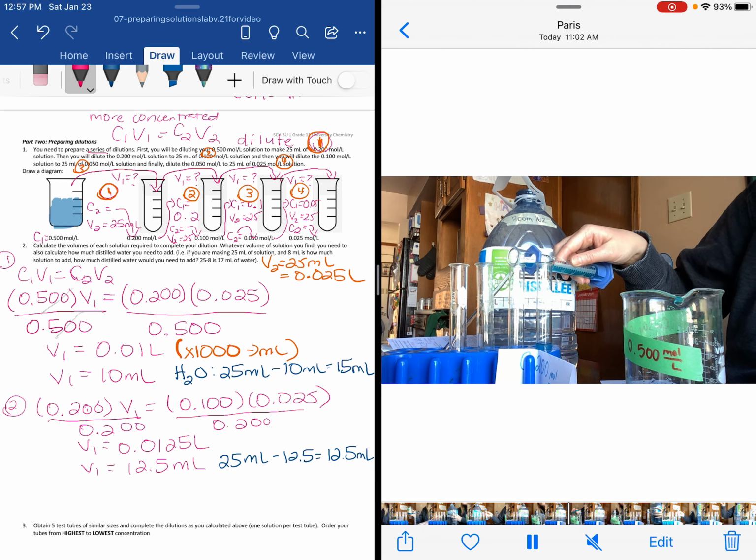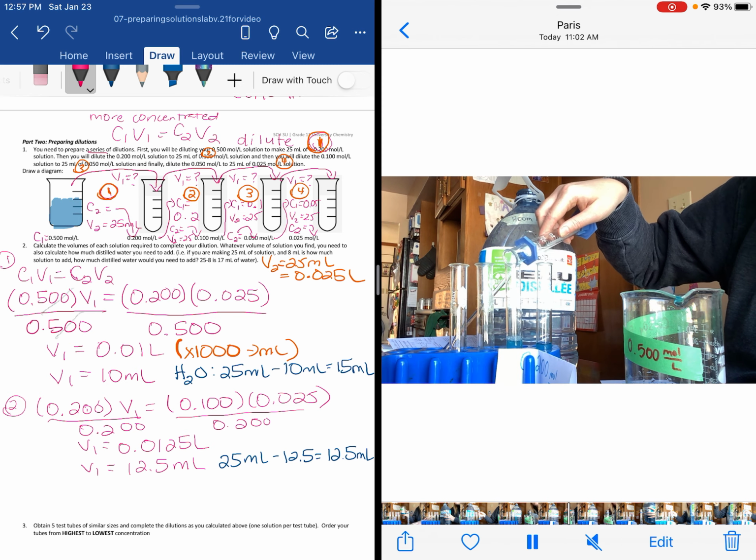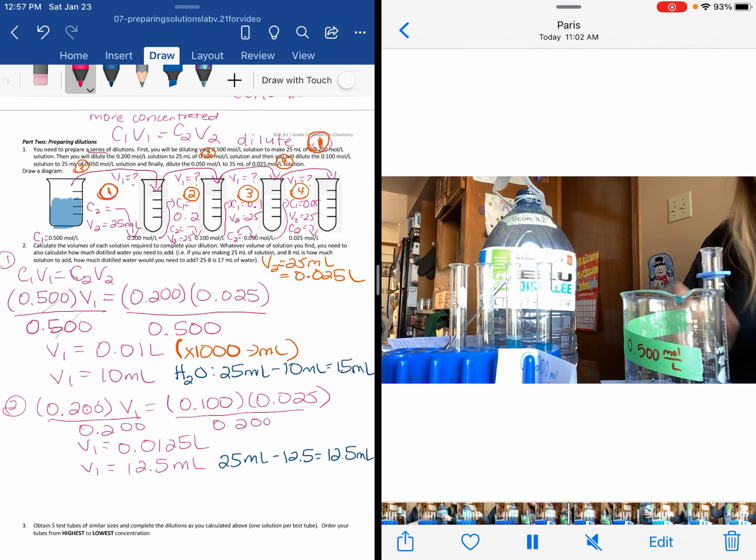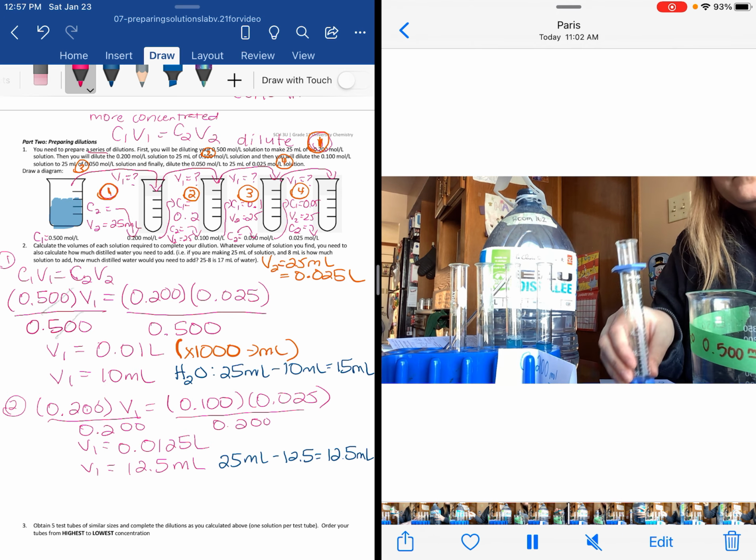And I put it in a new test tube. So right now they're the same concentration, but then I add the 12.5 milliliters of water.